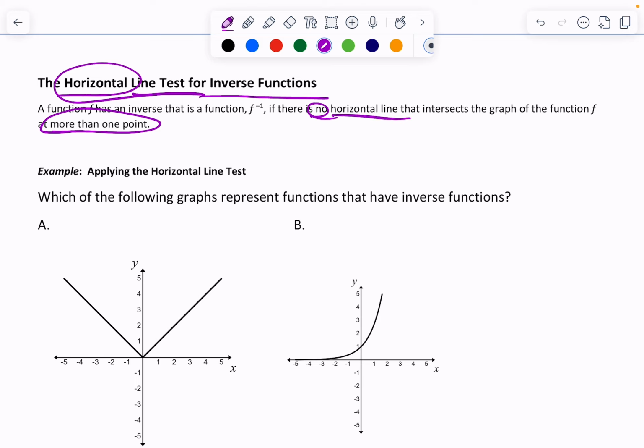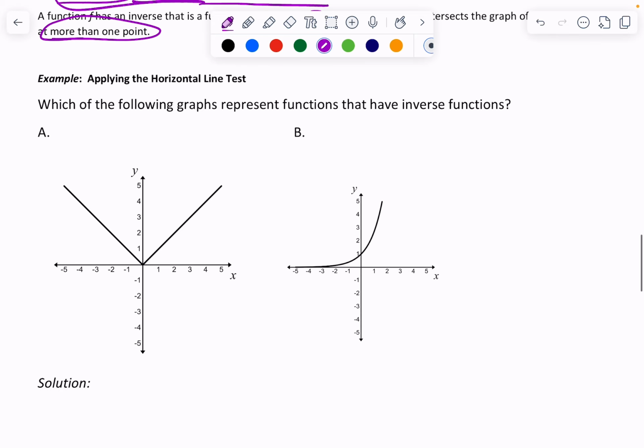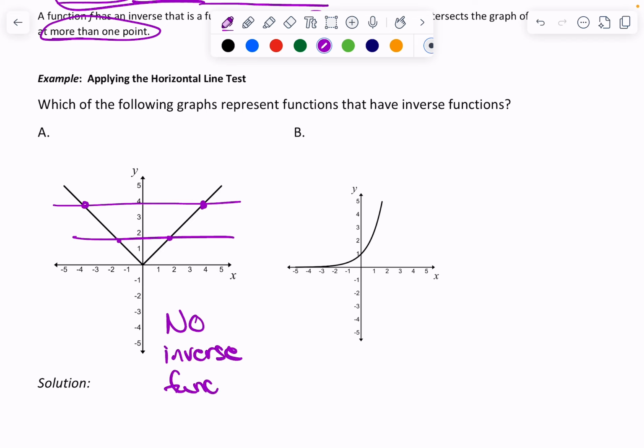So basically it's the exact same thing we do for the vertical line test, except that we have a horizontal line test now. So if I draw a horizontal line, we can see that it intersects in 2 points. So this does not have an inverse function, because when we do the inverse function, it would not pass the vertical line test.